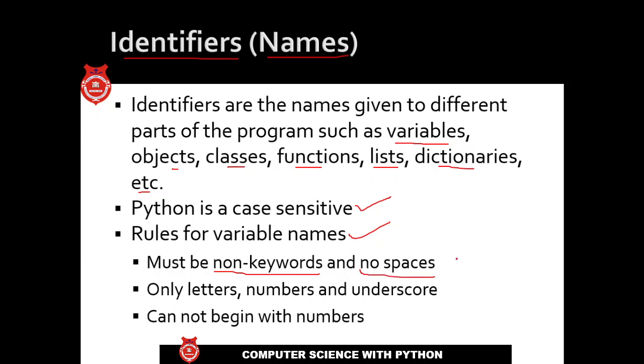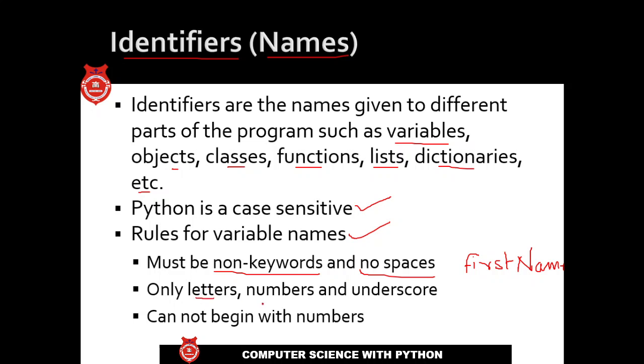For example, first space name cannot be a variable name. But if you write it together, that means it is a valid variable name and will be accepted.